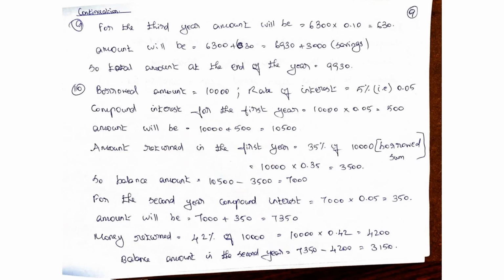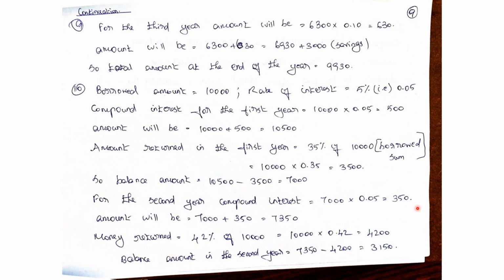Then for the third year, 6,300 into 0.10 is 630. Amount will be 6,300 plus 630, we'll get 6,930. Again, in the third year, one more saving, 3,000 he'll save, no? So the total amount at the end of the year is 9930.